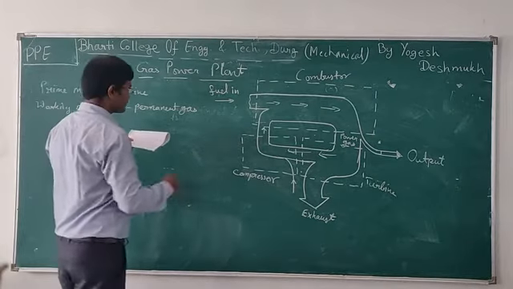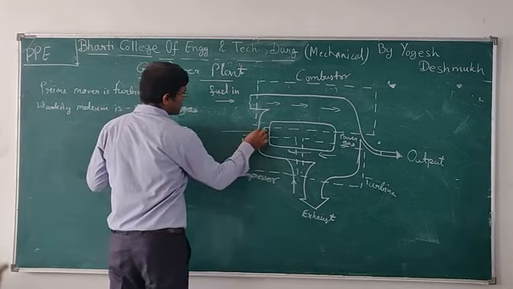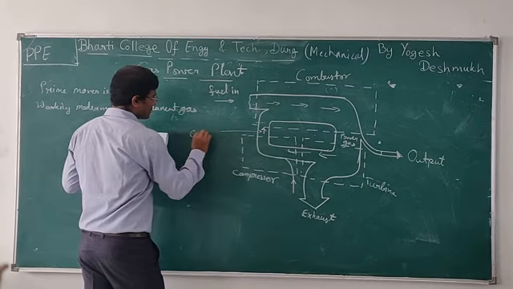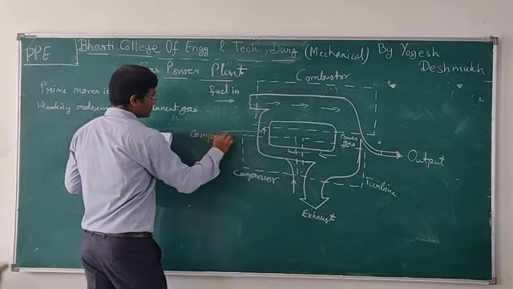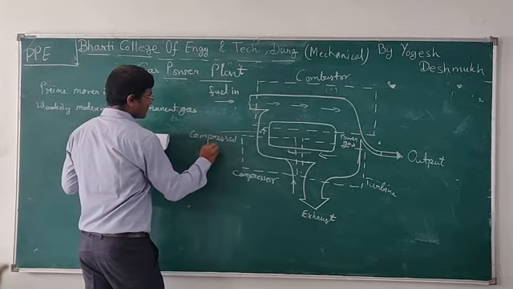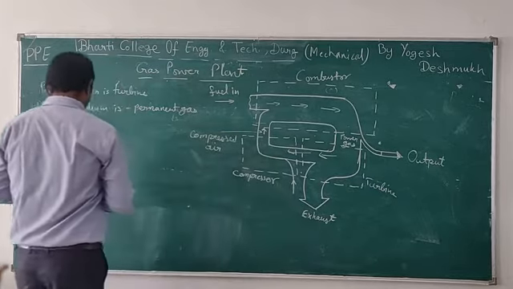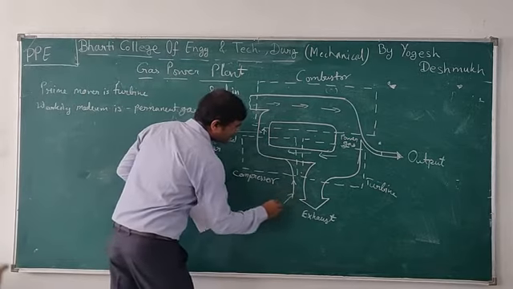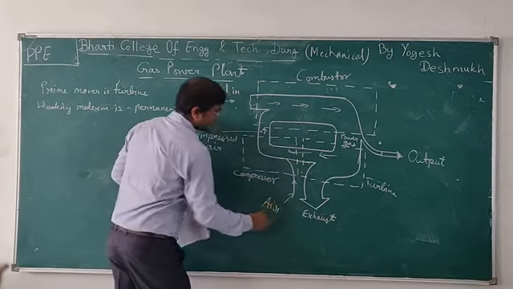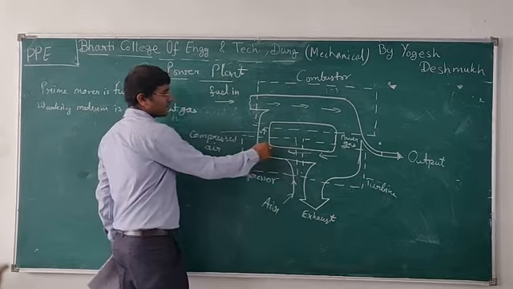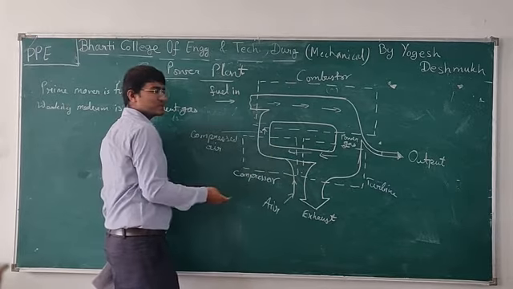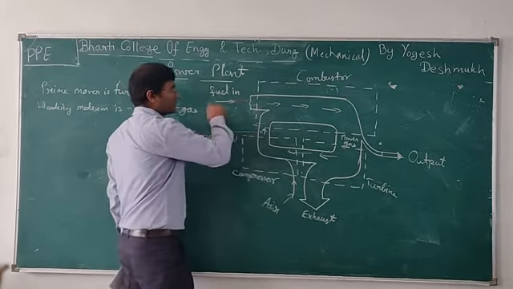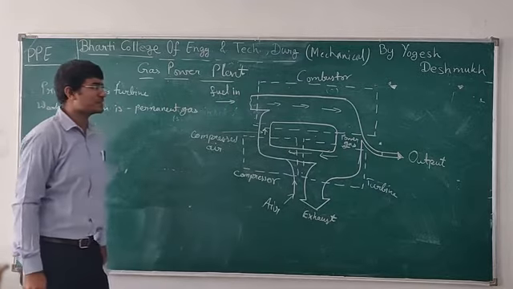Here the compressed air is going in. Air enters over the compressor. After getting compressed, it moves to the combustion chamber where the fuel is coming inside.